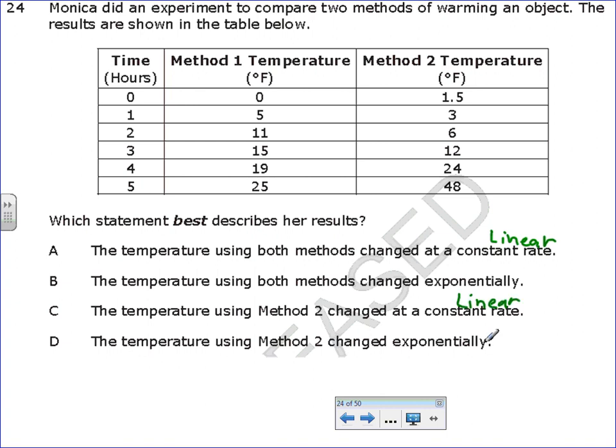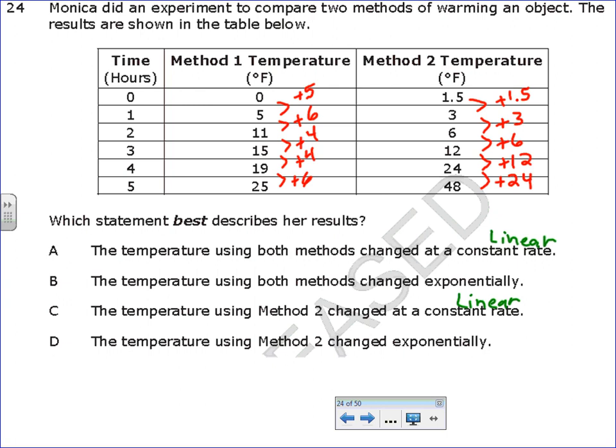So I need to look at my table. From here to here, it's going +5, +6, +4, +4, +6. Here I'm going up 1.5, up 3, up 6, up 12, up 24. Hopefully you're noticing what's happening here.